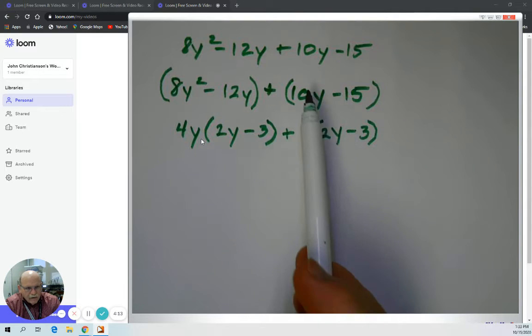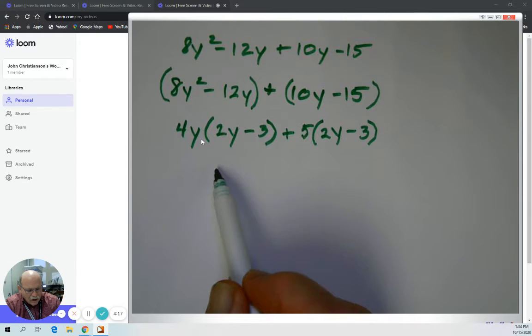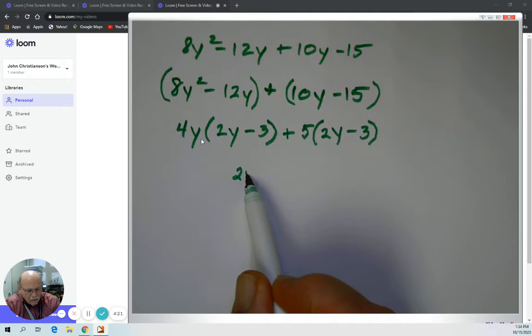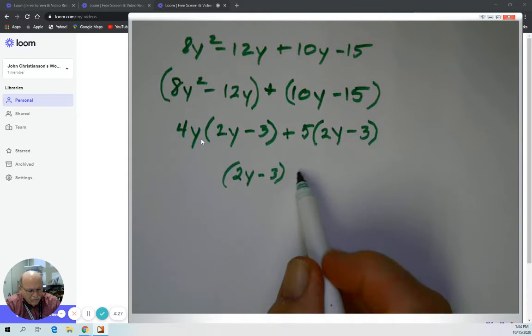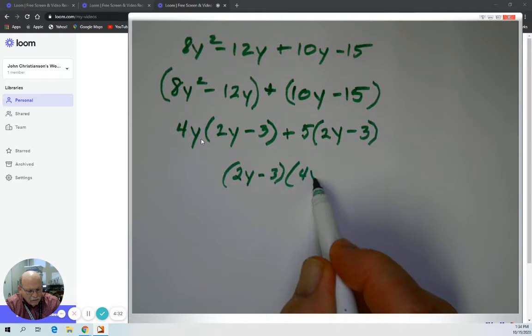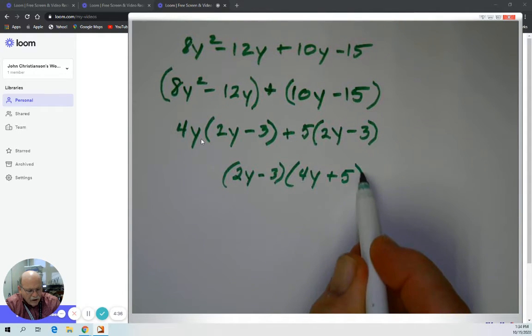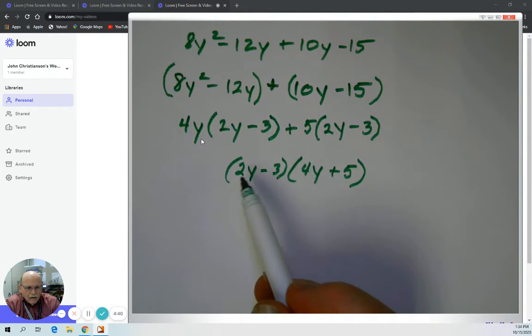So I've come a little bit of a ways to get there, but then I'm going to take that 2y minus 3 and factor it from each term. So I'm just going to write it by itself. And then what I have left is 4y plus 5. That's what I have left. And that is factoring by grouping. This is now completely factored.